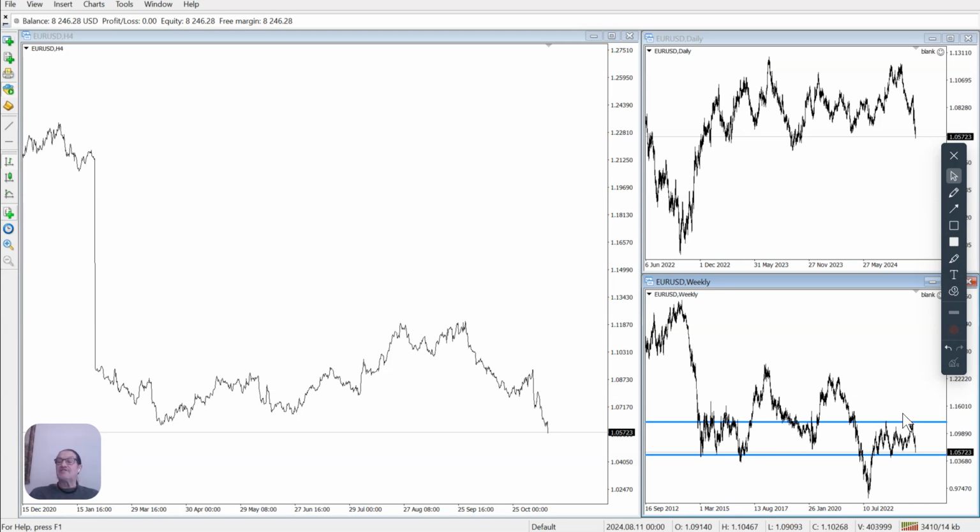And we don't have to set this anymore or bother with it ever again until either price breaks through here, and now we are on a downtrend and we have a bearish trend going, or price completely retraces and breaks through here, and now we're in a bullish trend and we're looking for buy positions. That's all we have to do.